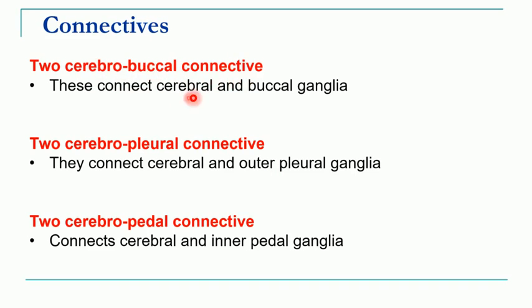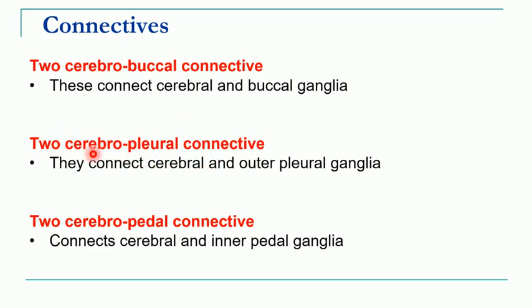So this connects the cerebral and buccal ganglion. Suppose there is a connection between the cerebral and pleural ganglion, then that connective is called the cerebropleural connective. Now how do we give this nomenclature? Whichever ganglion is present on the top side, the first name is taken from that ganglion.